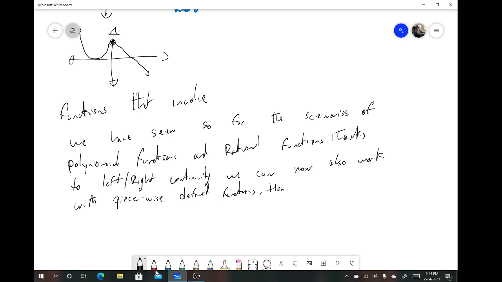However, we have yet to speak about radical functions. Apologies, radical functions. These are functions that involve radicals.